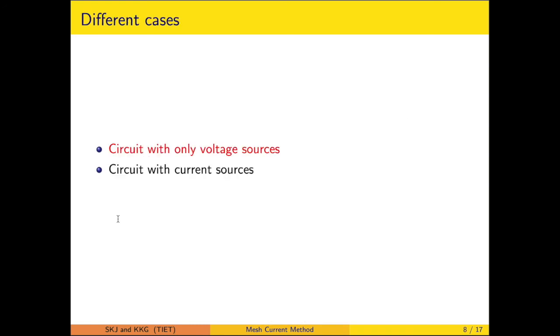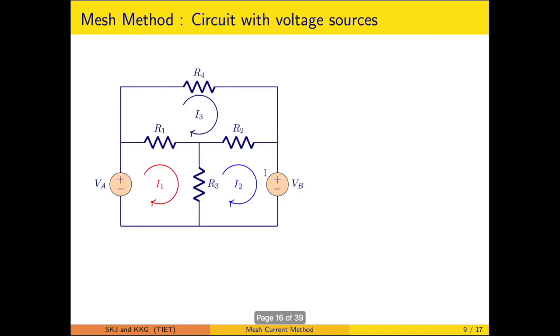This is basically the method and application of KVL. The KVL works well with the voltage sources, so initially we will analyze circuits with voltage sources. However, the method is general, and it will be extended further to include current sources as well.